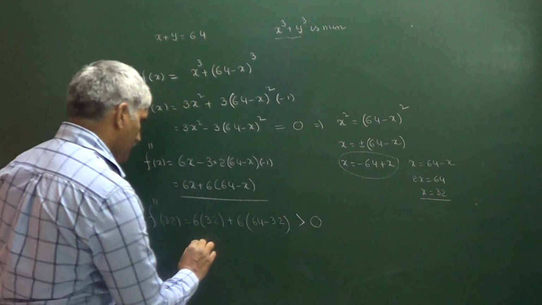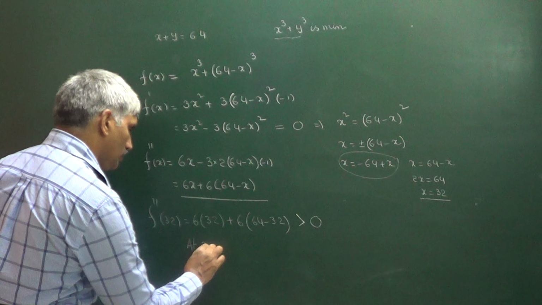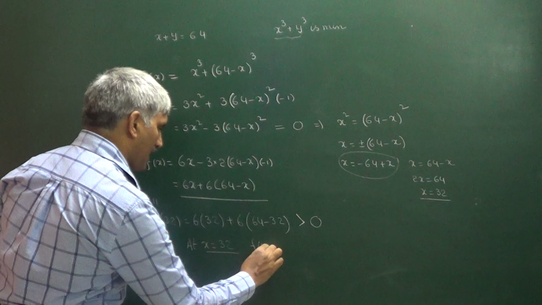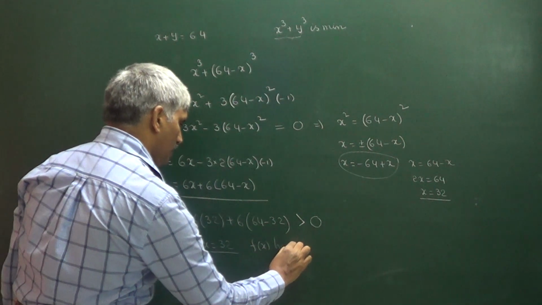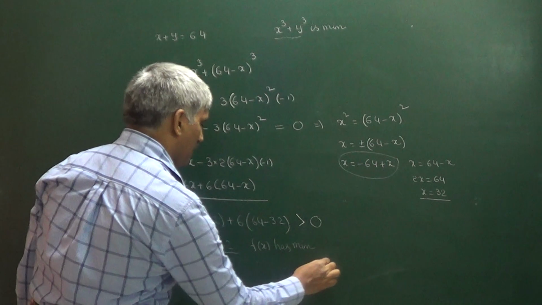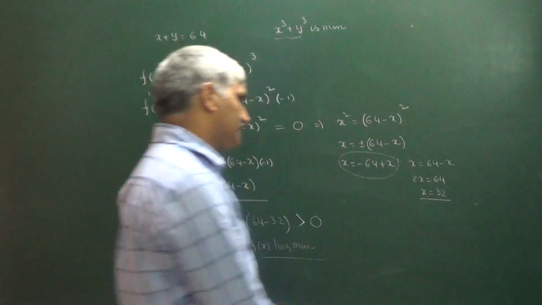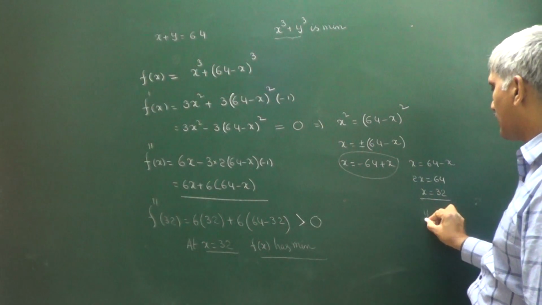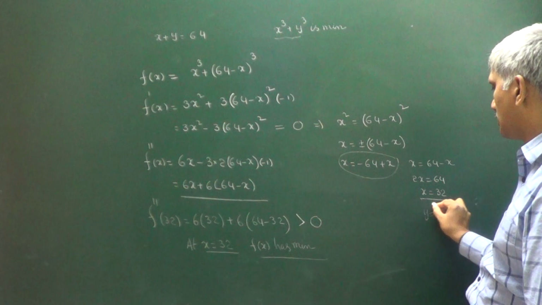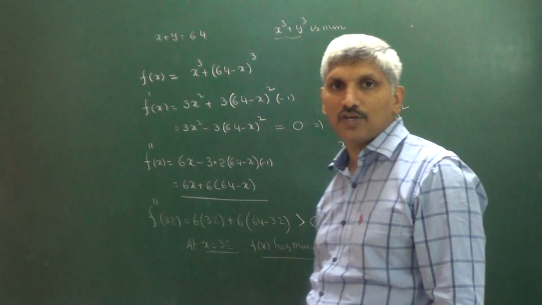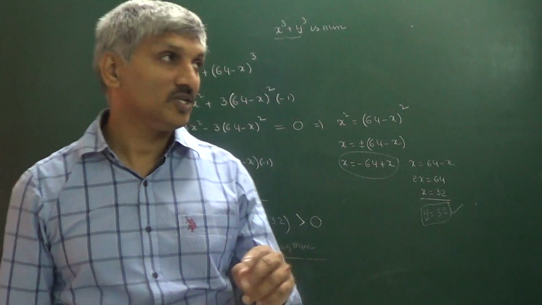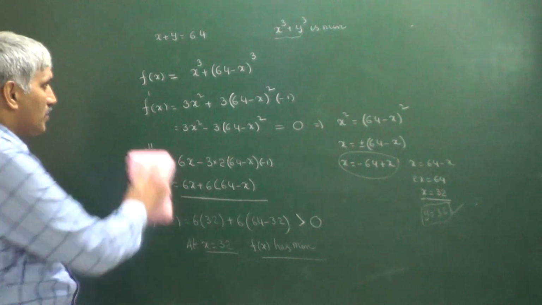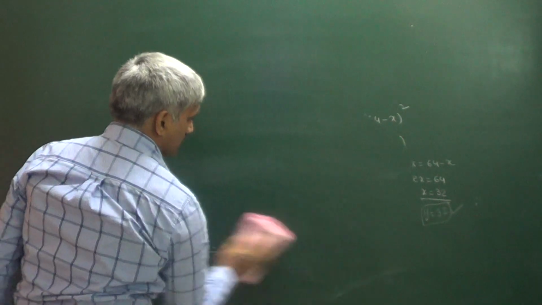Therefore we can say at x is equal to 32, f of x has a minimum value. Substituting there, we will get the y value is also equal to 32. So we divide 64 into two equal parts so that x cube plus y cube is minimum. So that is the application regarding maxima and minima.